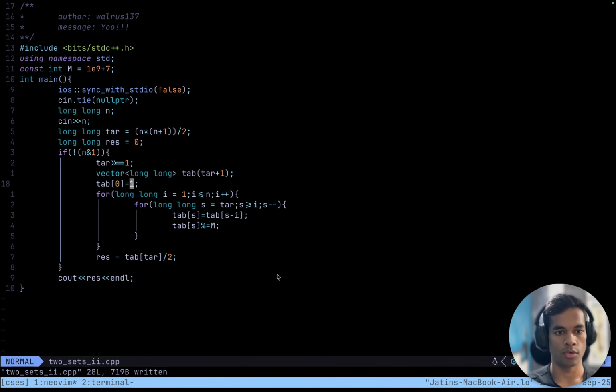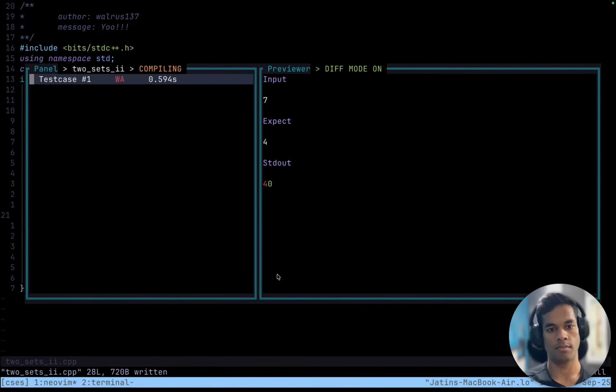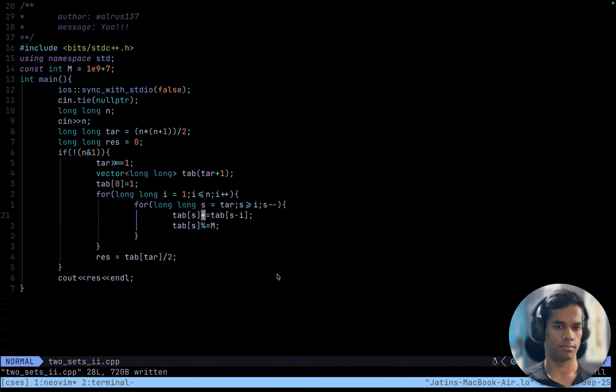Tab 0 equals 1, i from 1 till n, and while s is greater than or equal to i. Huh.